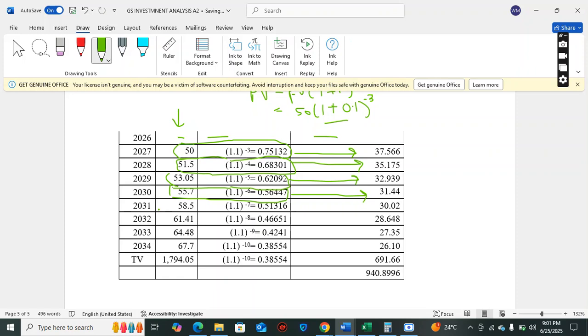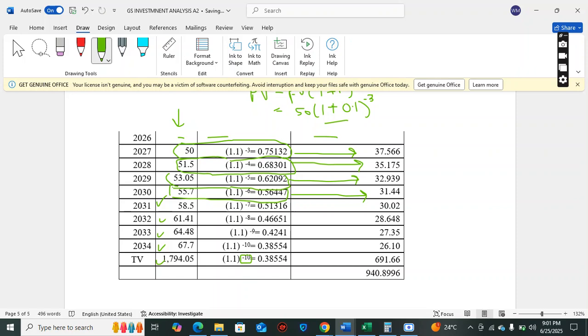And you do the same for 2031, 2032, 2033, 2034, and then also for the terminal value. And as I said, for the terminal value, notice we're doing it to the power negative 10, not to the power negative 11.